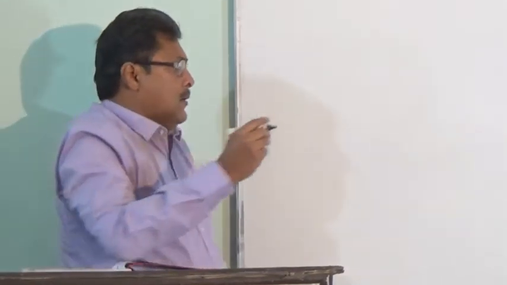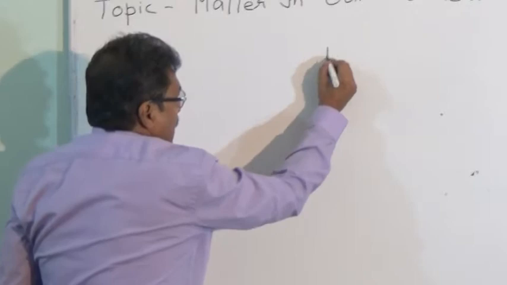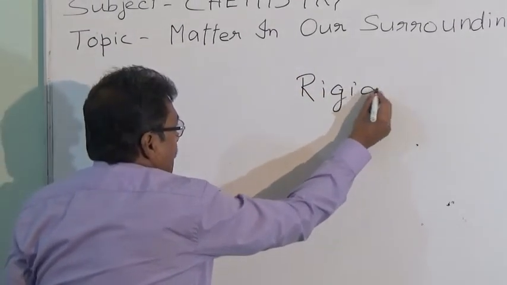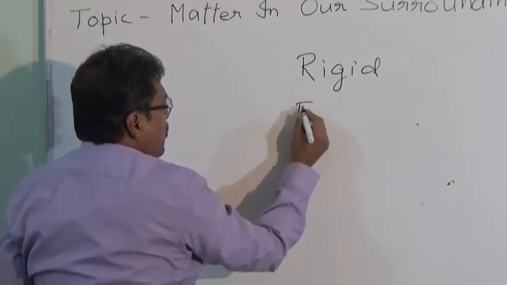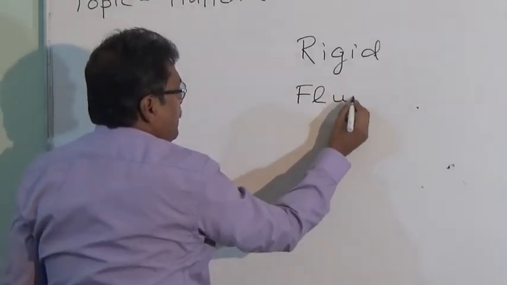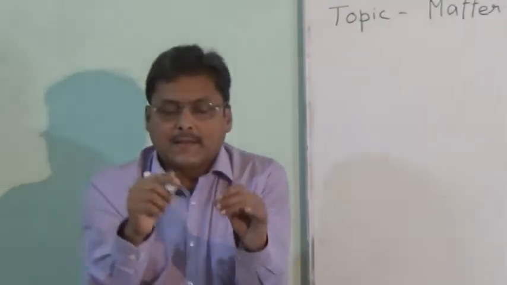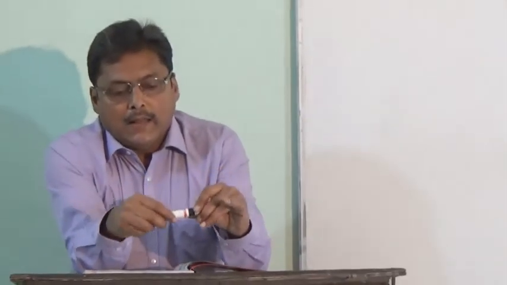Number one, rigid, and number two, fluid. All the substances in this world are either rigid or fluid. They either have the property of rigidity or they have the property of fluidity.